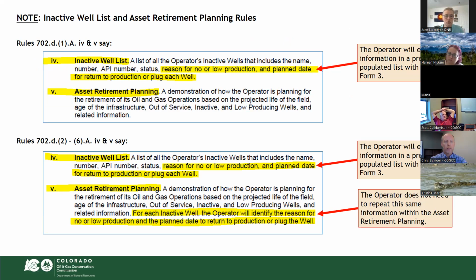Options 2 through 6, that information is repeated as being required in your asset retirement planning document. But you don't need to repeat it. You're going to enter that within your Form 3 in that list within the form. You don't need to repeat it in your retirement planning.